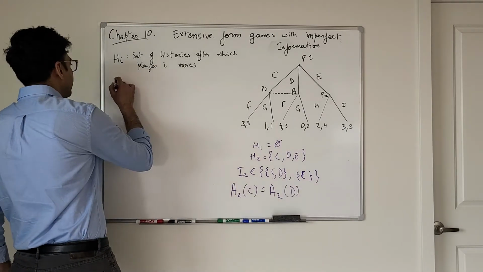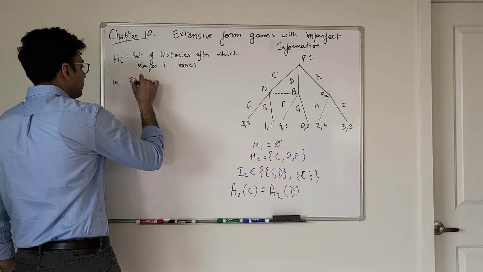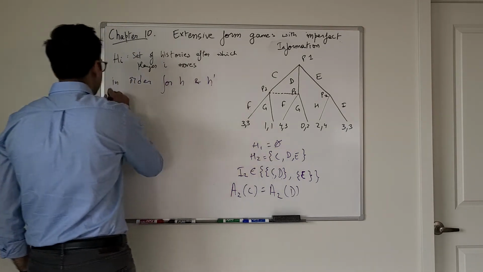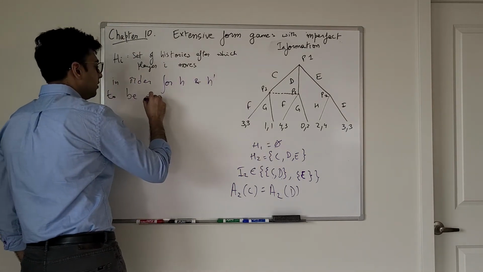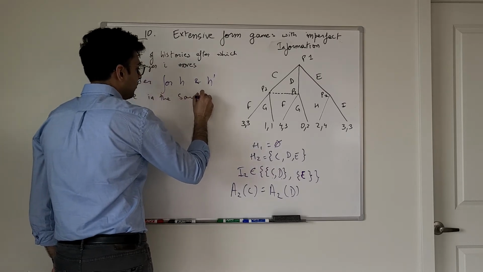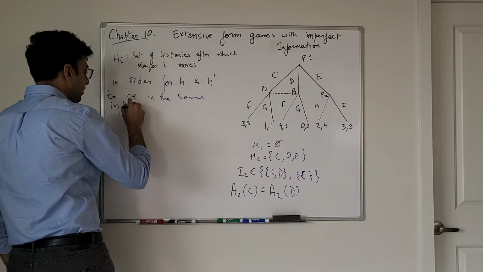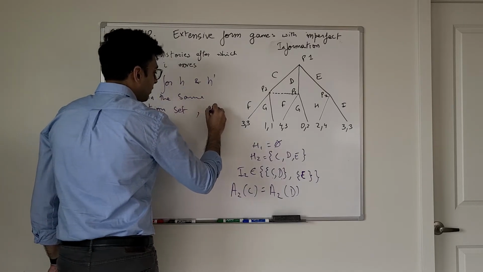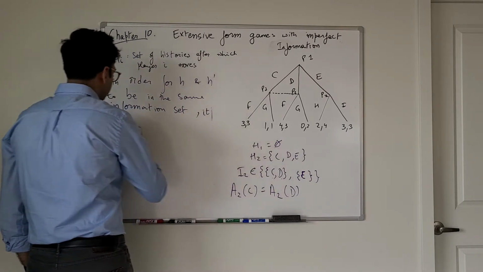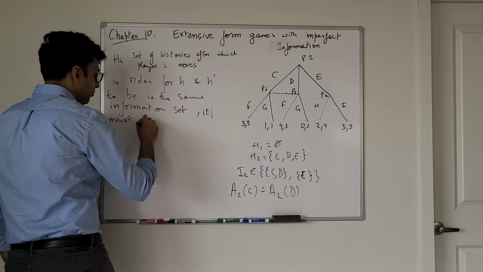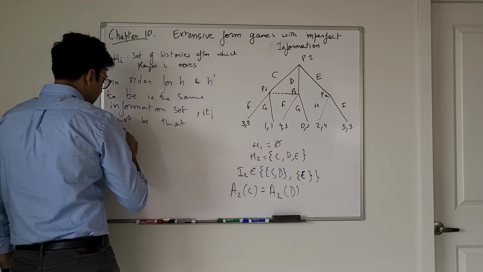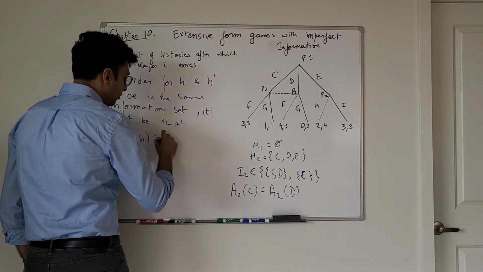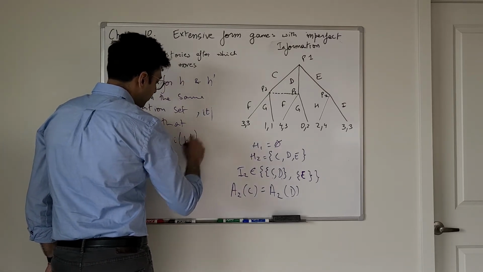So let me write it out. In order for h and h prime to be in the same information set, it must be that A_i(h) equals A_i(h').